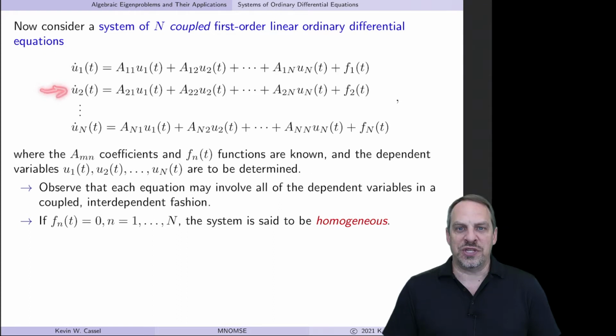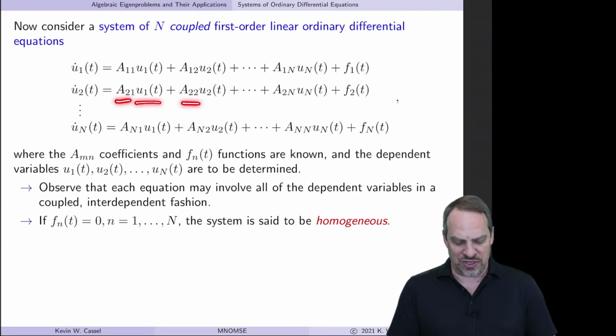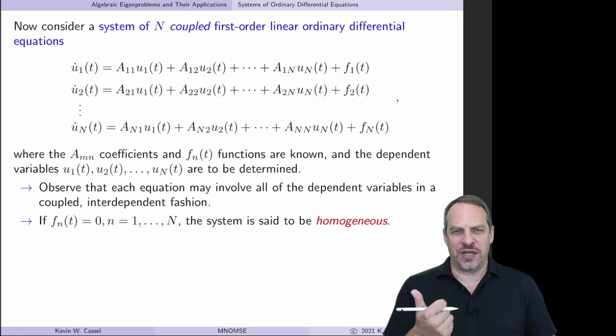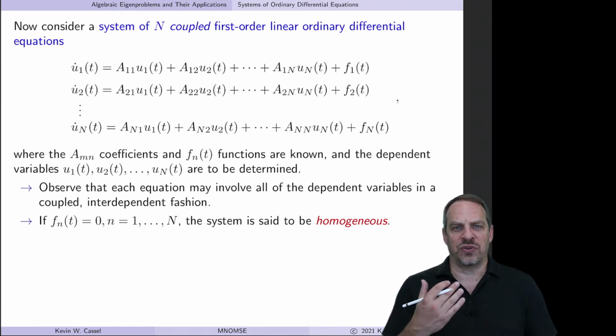Then for u2, du2 dt is equal to, again, a constant times u1 plus a constant times u2, and so on. And we have n of these equations. So we have capital N fully coupled linear ordinary differential equations for our n dependent variables u1 through un.